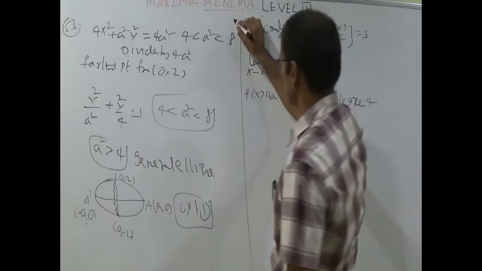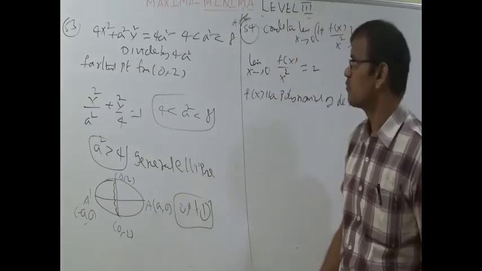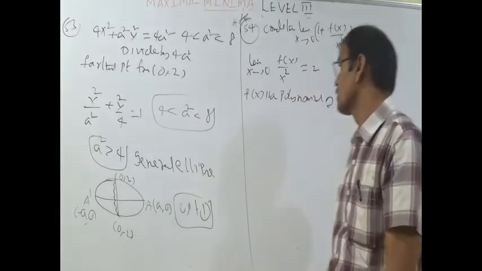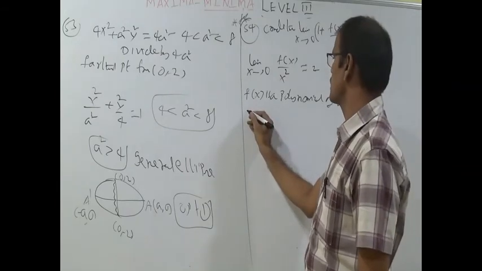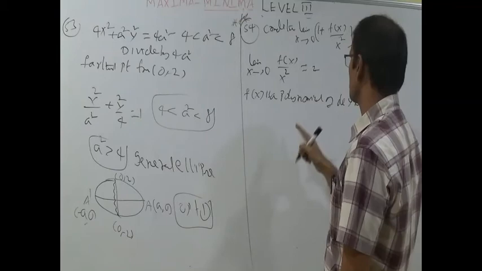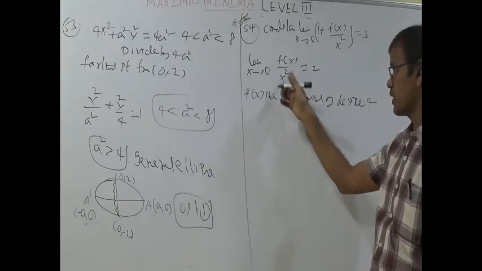Students, remember this question, because you will face the same question in integration, second year, level 3, 14th question. f of x is a polynomial of degree 4, and the limit as x tends to 0 of f of x by x square is 2. So the minimum power is x square.